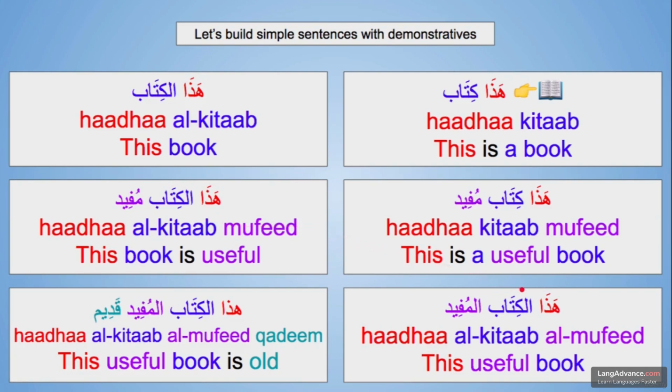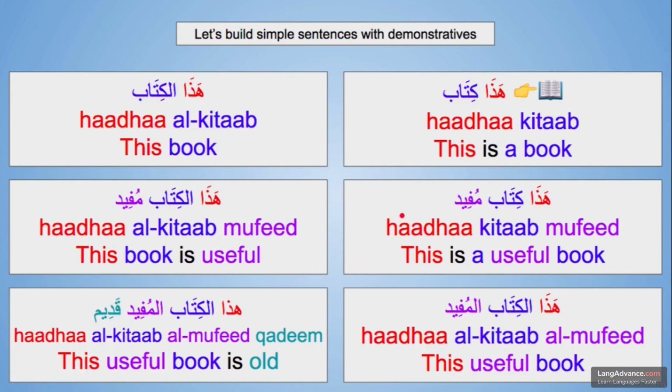And we can say هذا الكتاب المفيد, so this is a whole phrase saying this useful book, and this can be like a subject of another sentence, like هذا الكتاب المفيد is something. And this is what we can see here, because we can say that هذا الكتاب المفيد قديم, so this useful book is old.